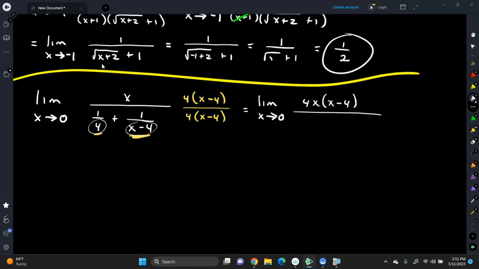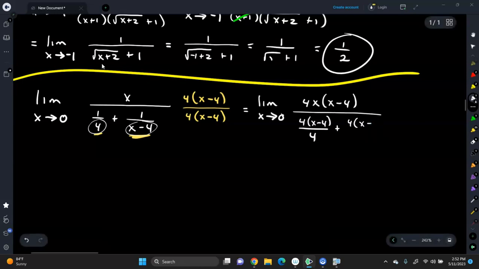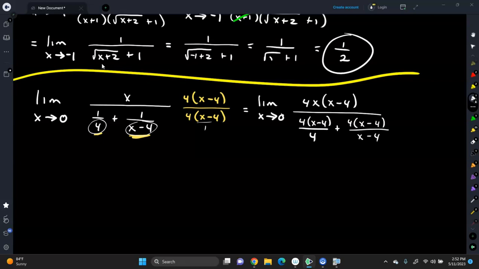And then on the bottom, now we're multiplying everything by that. So we're going to get 4 times x minus 4 over 4 plus 4 times x minus 4 over x minus 4. I took this, so think of this as being like over 1, right? Now I've got the limit as x approaches 0 of 4x times x minus 4.